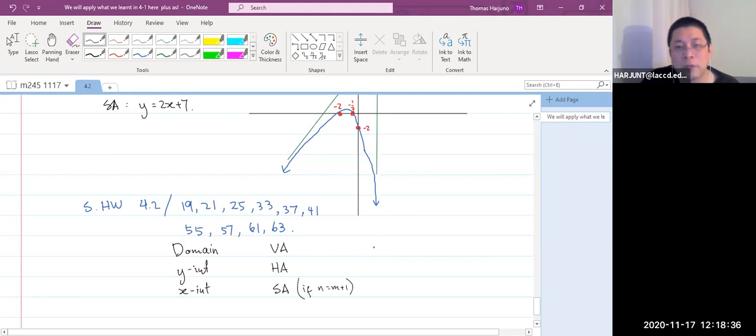Okay, and if you have a chance, you can do the sign graph of the rational functions, and consider the horizontal asymptote intercept if you have a horizontal asymptote, and the slant asymptote intercept if you have a slant asymptote. And then graph it.